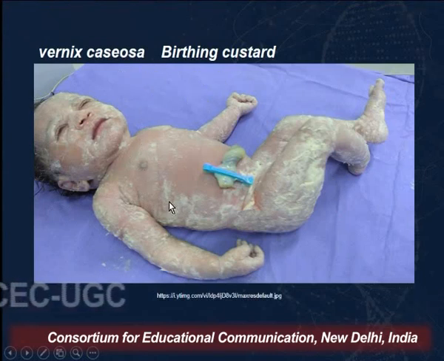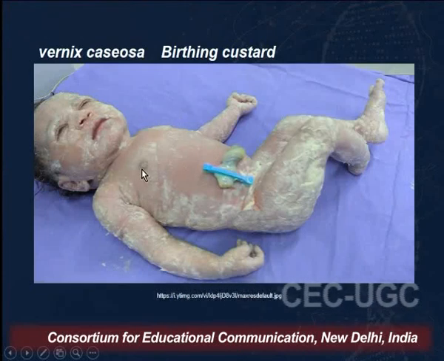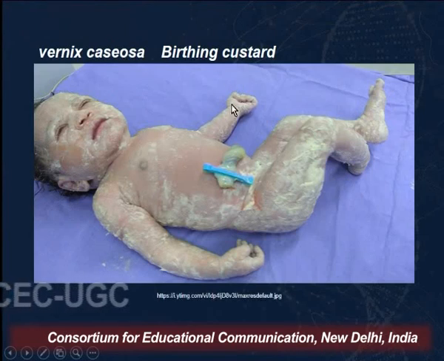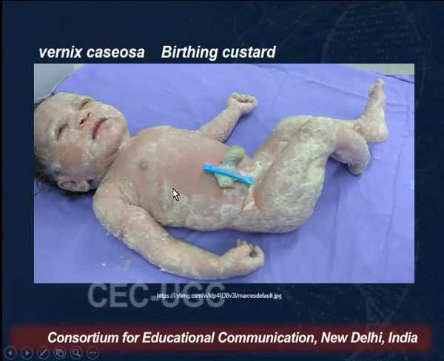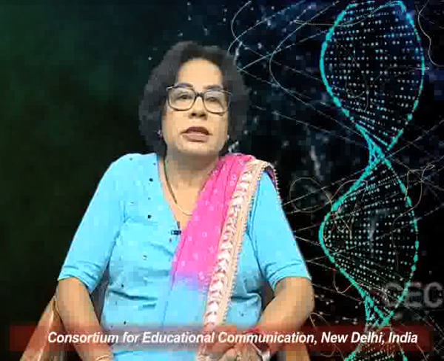Do you know what the importance of this sheet is? This sheet protects the baby in the fetal state, and even for some time after birth, this birthing custard protects the baby, and it is nothing but ceramides.